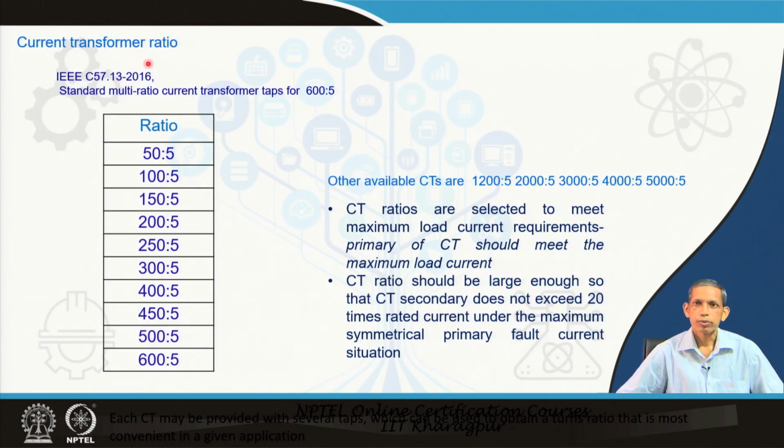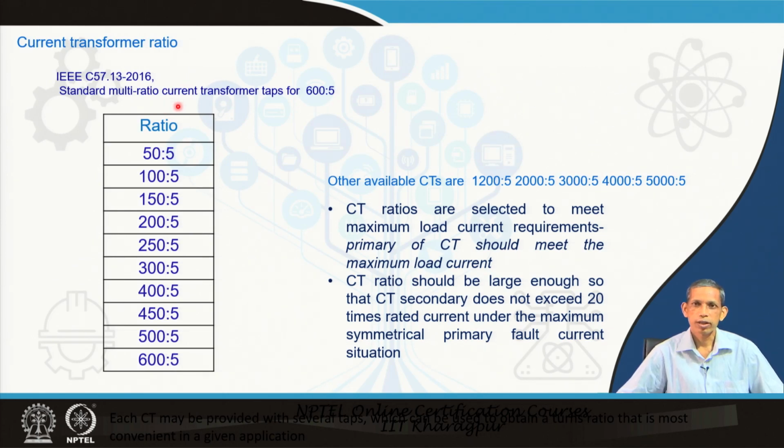The current transformer ratio I 1 to I 2 is 1 to n, because the number of turns in the secondary will be higher. So, the IEEE standard says 600 to 5 is a multi ratio current transformer. Now, it is multi ratio.